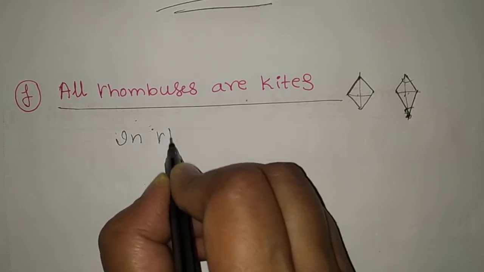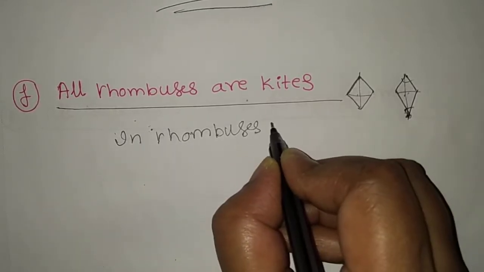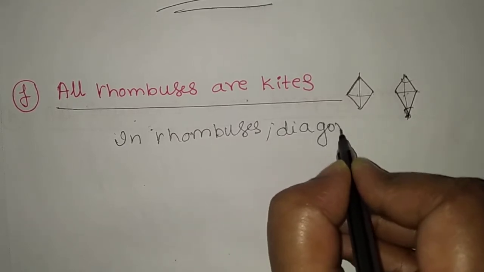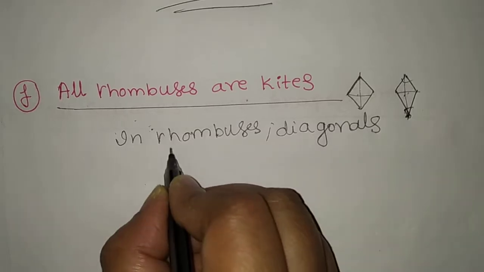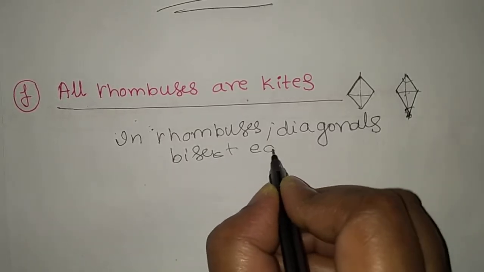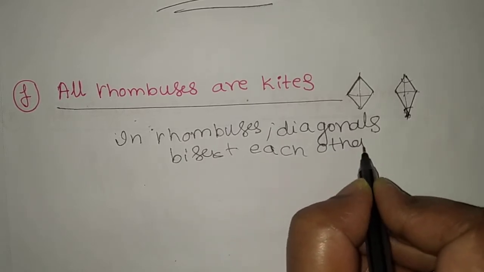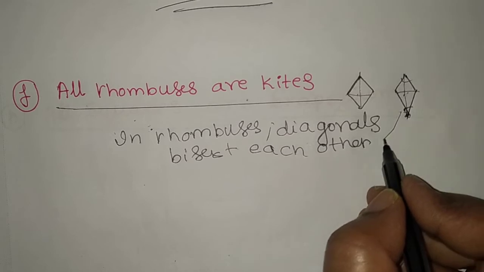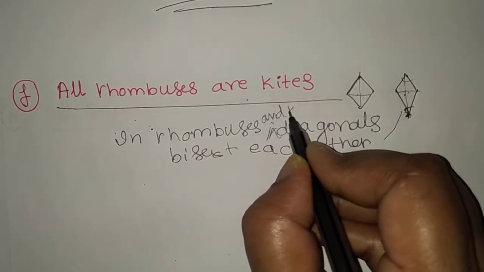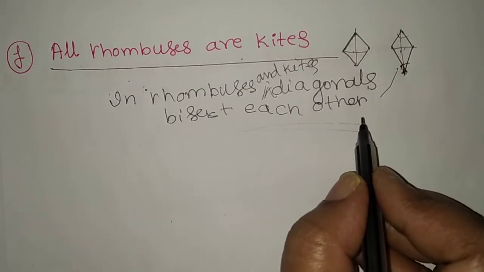In rhombuses, some points I'll write. In rhombuses, diagonals bisect each other. Similarly in kites, diagonals bisect each other.